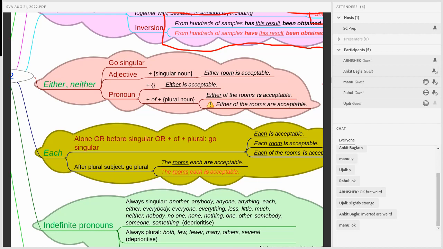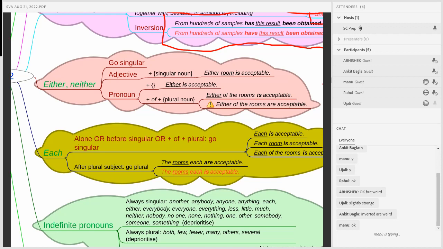Okay, so the way you're remembering it is not bad, right? You can say the noun after or, so the noun on the right hand side of or, but that is not 100% necessary. So there are structures in which the verb will agree with the first noun because the first noun will be closer to the helping verb.